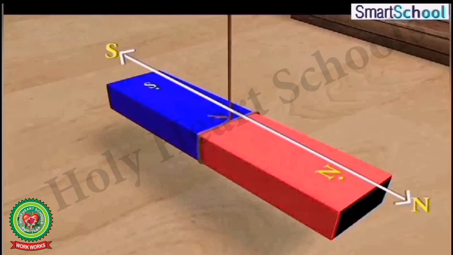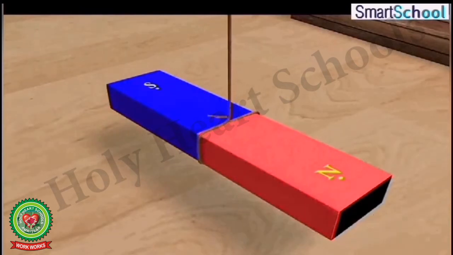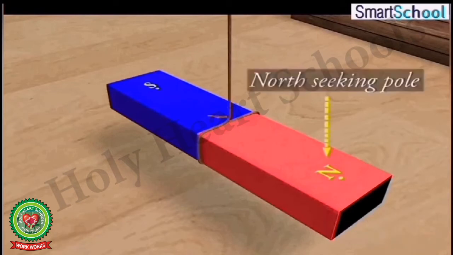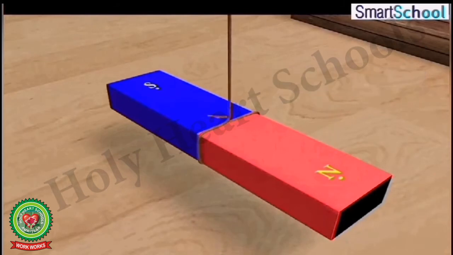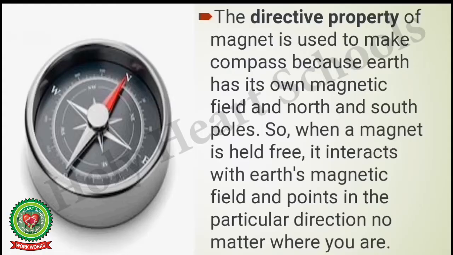The end of the magnet that points towards north direction is called north-seeking pole. And the end of the magnet that points towards south direction is called south-seeking pole.